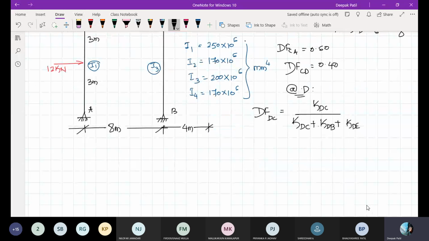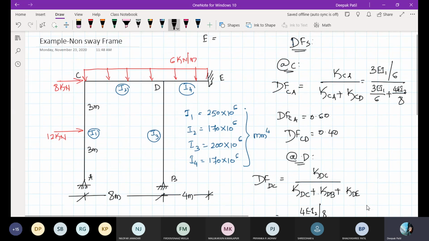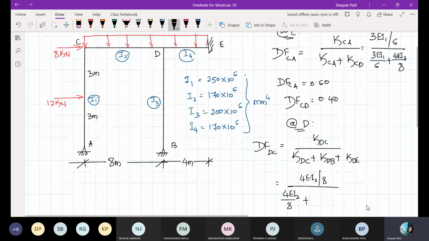So what will KDC be? 4EI by L or 3EI by L? It is actually 4EI2 by 8. What will KDB be? 3EI by L or 4EI by L? 3EI by L, correct.